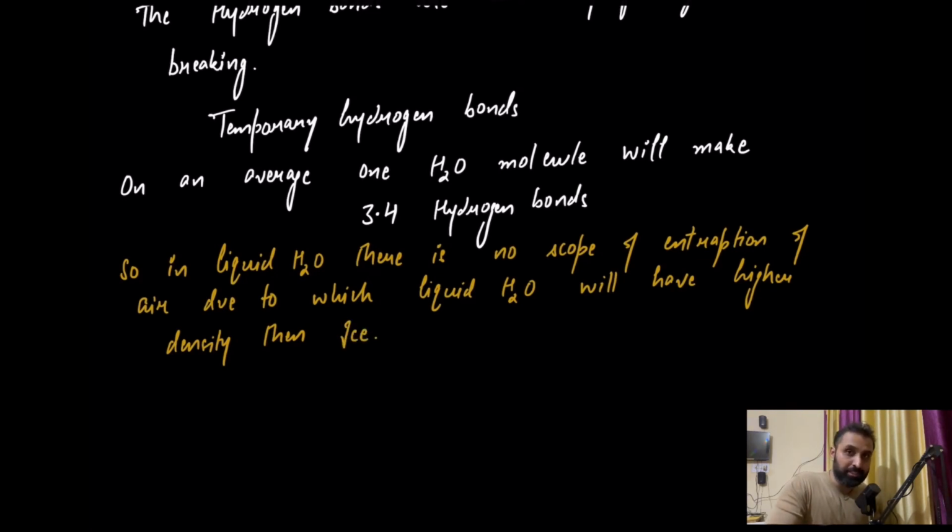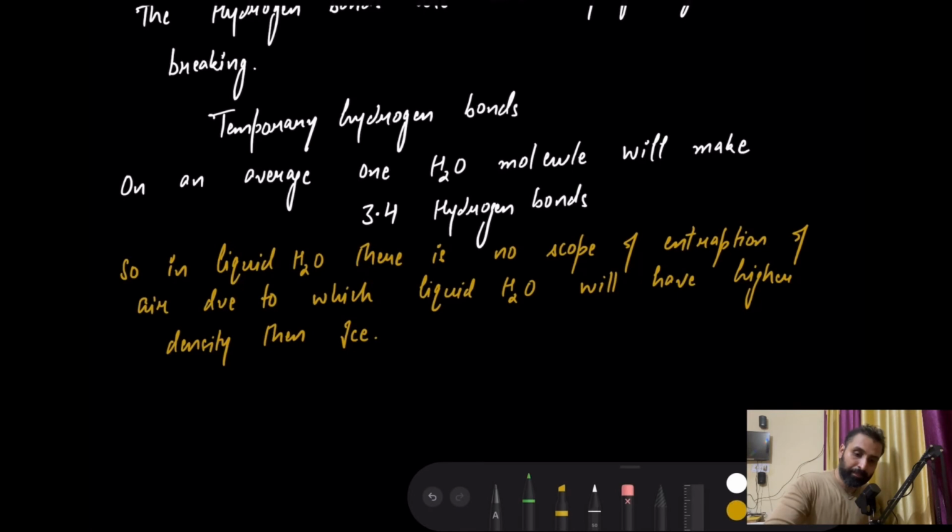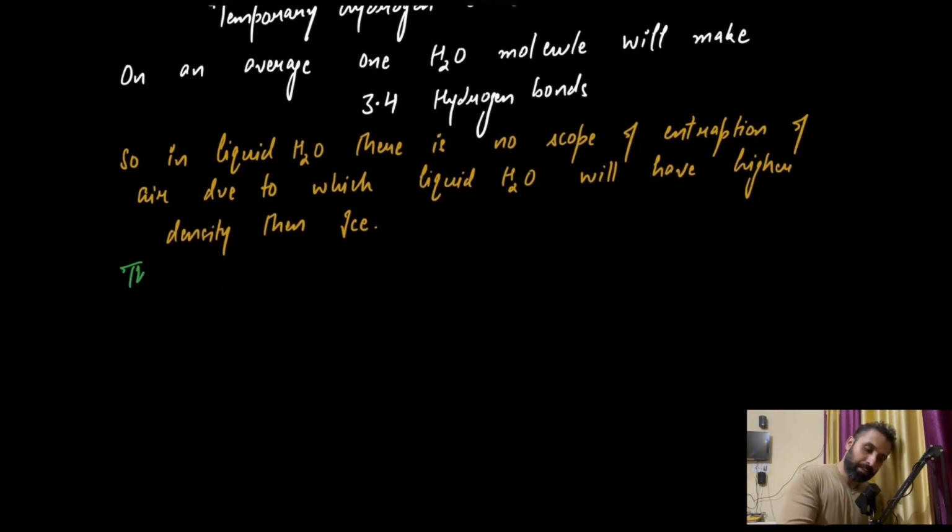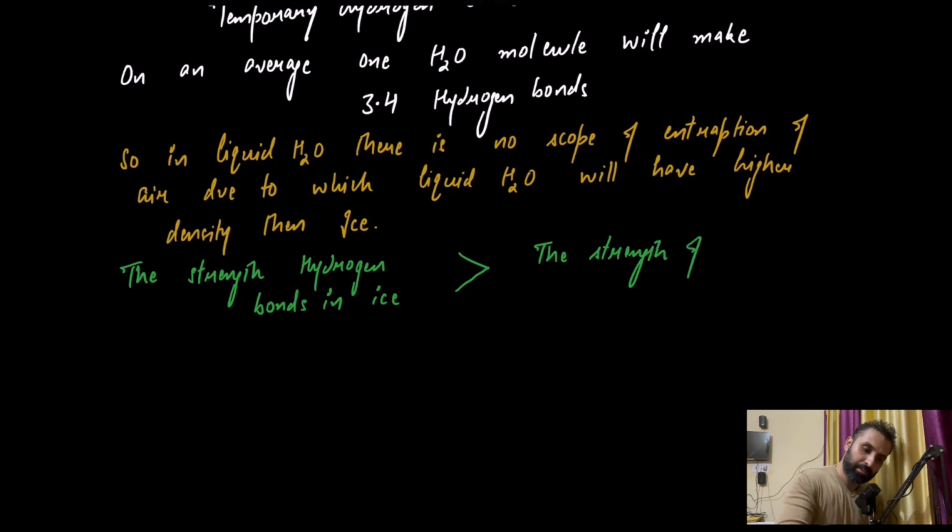And if we talk about the strength of hydrogen bonds in ice or in liquid H2O, then I am writing: the strength of hydrogen bonds in ice is greater than the strength of hydrogen bonds in liquid H2O.